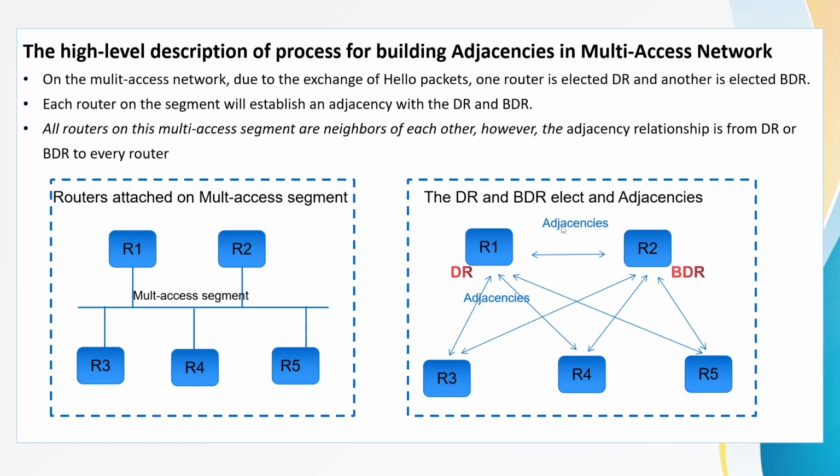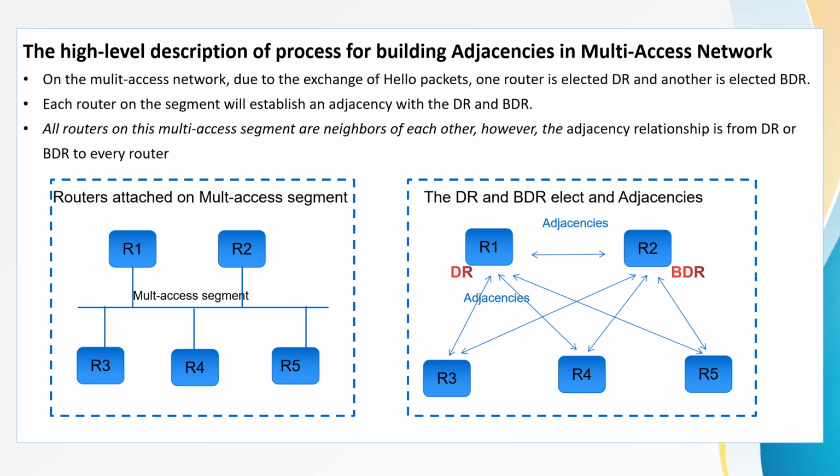Here is a high-level description of the process for building adjacency in a multi-access network. On the multi-access network, due to the exchange of hello packets, one router is elected as a DR and another is elected as a BDR. Each router on the segment will establish adjacency with the DR and BDR. All routers on this multi-access segment are neighbors of each other.